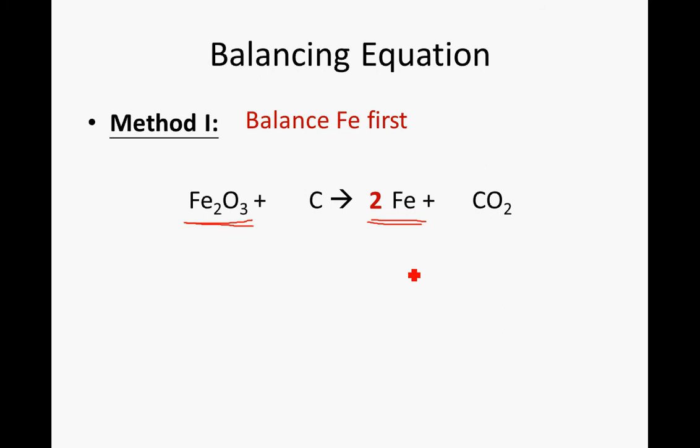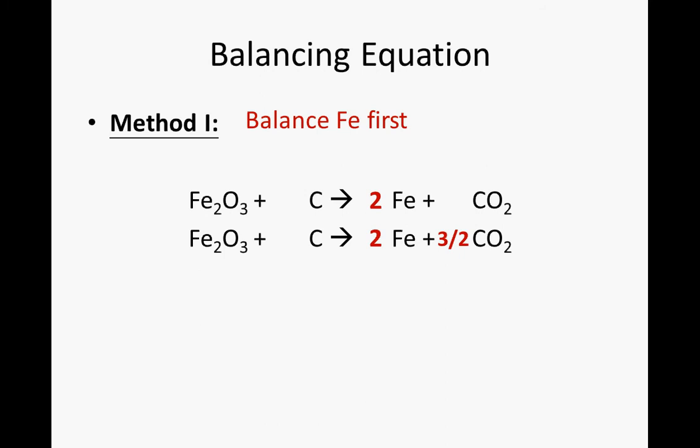So which one can we alter in order to balance oxygen? We can try to change this coefficient to become 3 over 2. Don't worry, it can be a fraction at this step. It can be 3/2, so that oxygen is now balanced.